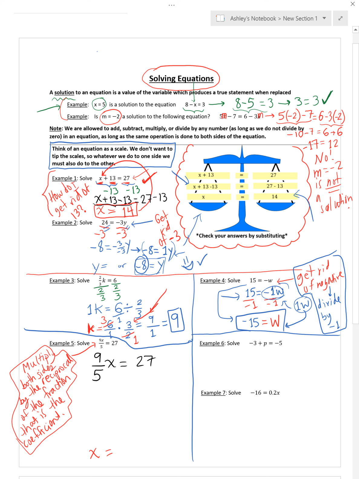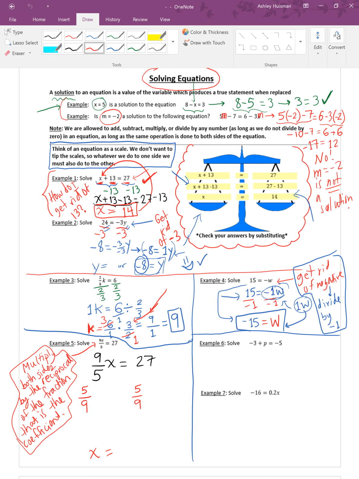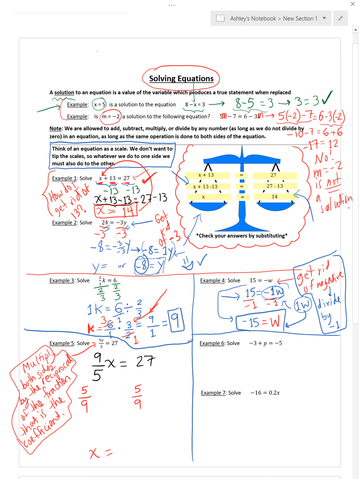Think about 9/5. What would its reciprocal be? Well, it's just that exact fraction, but upside down. So I'm going to take the reciprocal and multiply both sides by it. So 5/9 times the left side, which was 9/5 x, and then 5/9 times the right side, which was 27.